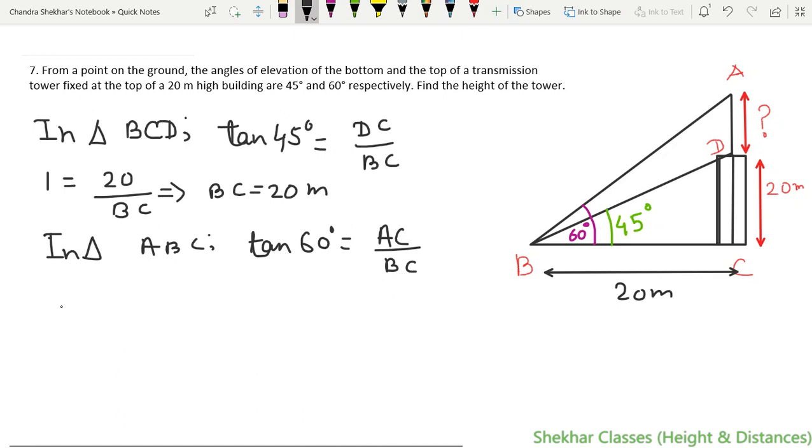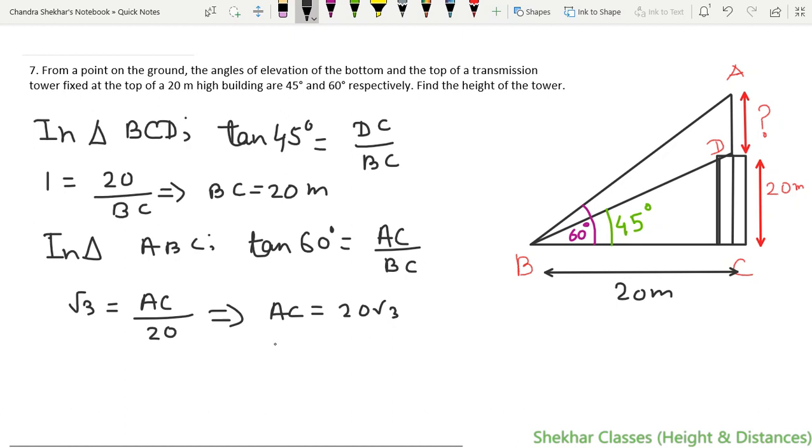Tan 60 is nothing but root 3 is equal to AC is supposed to be calculated upon BC is 20. So finally we can say AC is equal to 20 times root 3.